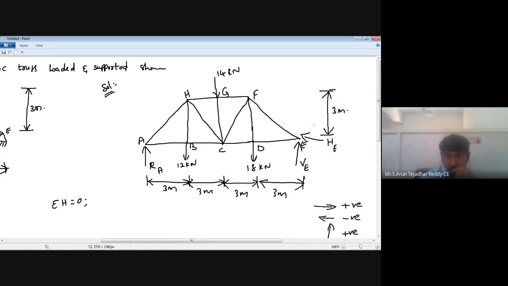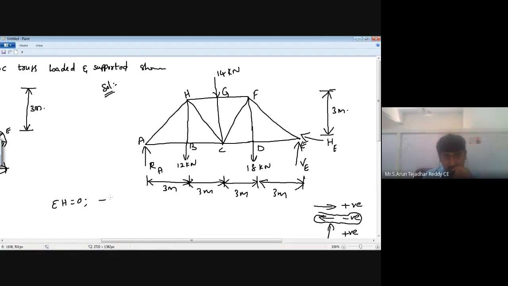See here, only one horizontal force is acting in this truss, that is HE. HE is in the left side direction, so take it negative.